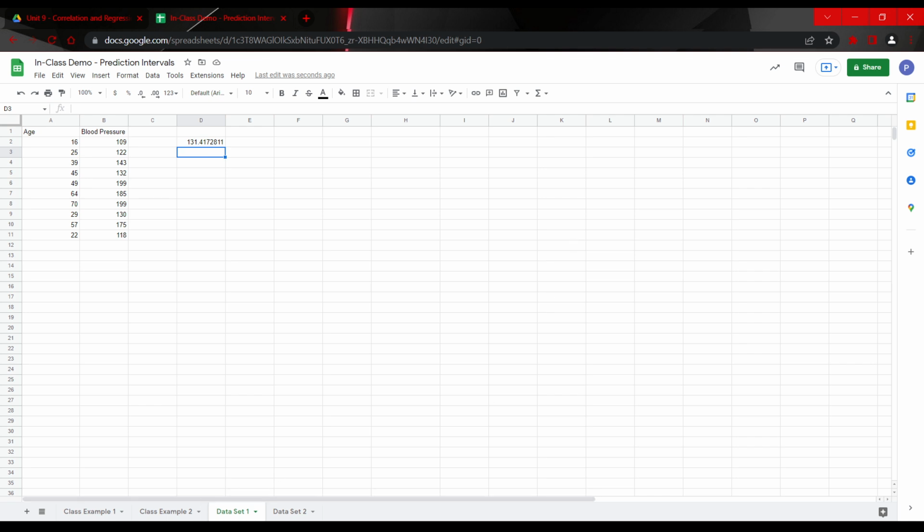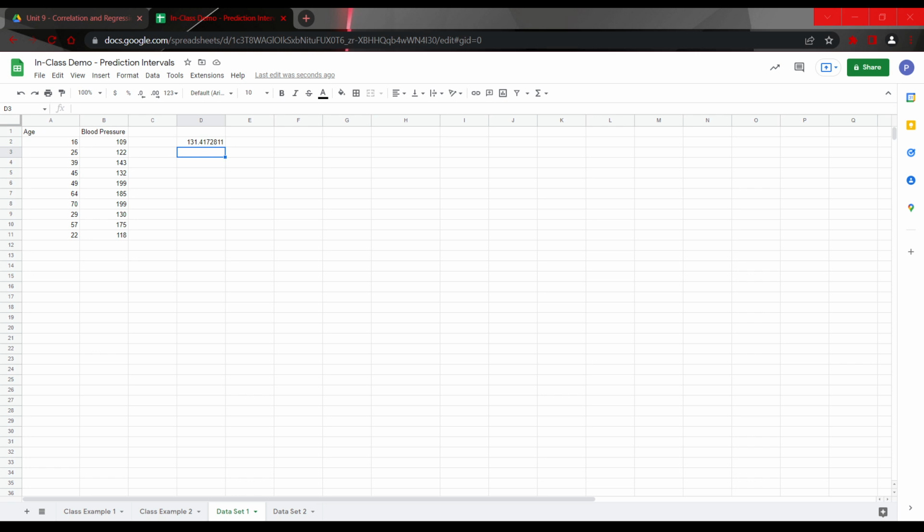131.4. Now, from what we've learned so far, it is very difficult to predict an exact value, right? The chances that someone who is age 30 will have exactly 131.4 blood pressure is relatively small, right?